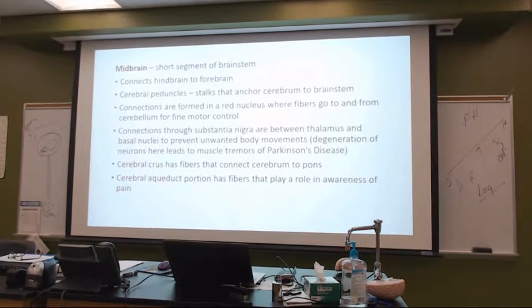They get weakness. Now, what they're finding is that substantia nigra and thalamus and basal nuclei are areas of nerve cell bodies, and they degenerate, and this is what leads to that shaking and the tremors and so forth. And as the disease progresses, it leads to those tremors, which they can't control.